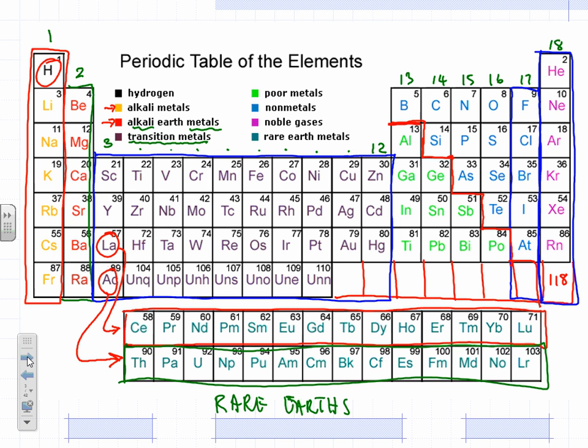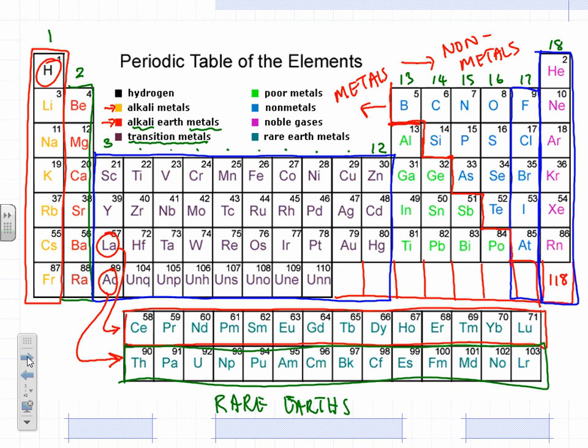This zigzag line differentiates the metals, so everything to the left of this line are metals. Everything to the right of this line are non-metals. So just based on the position of an element in the periodic table, you can make a pretty good deduction as to whether it's going to be metallic or not.